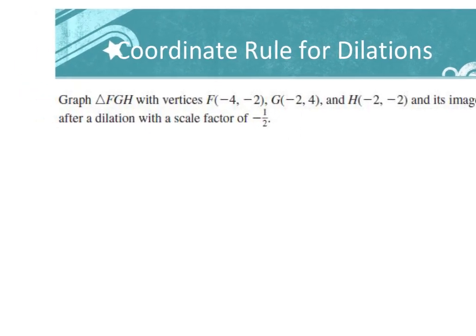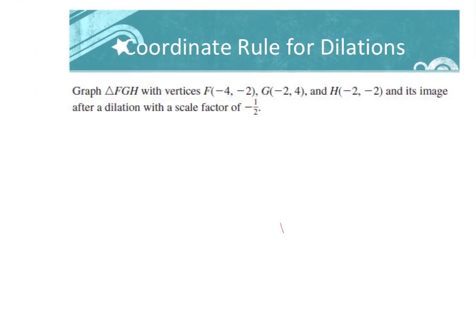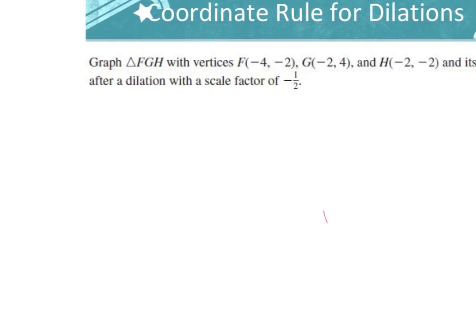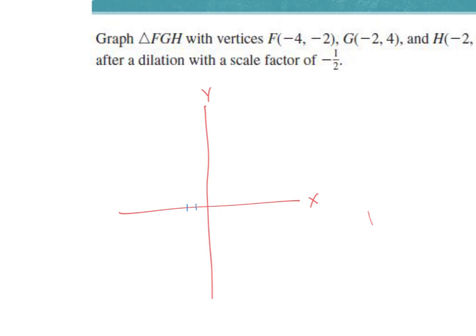All right, so if we were to graph FGH with vertices F at -4, -2, G at -2, 4, and H at -2, -2, and its image, okay? Let's go ahead and graph it. Let's draw a coordinate plane, y and x, and let's plot these points. So -4, -2, 1, 2, 3, 4, -4, and up or down 2.